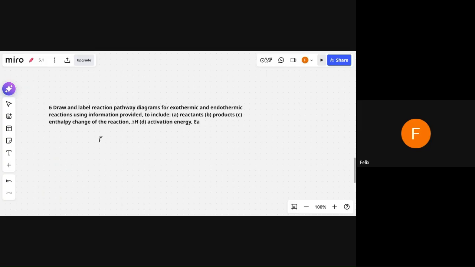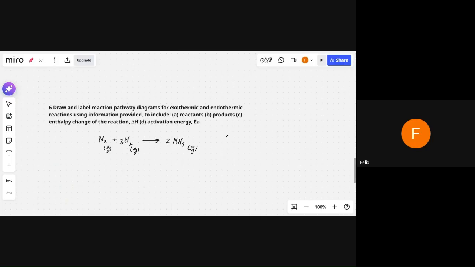Let's say we have this reaction, N2 plus H2. A reaction like this will be given to you on the exam, and this one is producing ammonia. Nitrogen is a gas, hydrogen is a gas, and ammonia is also a gas. To balance this, I'll have to put 2 here and 3 here.